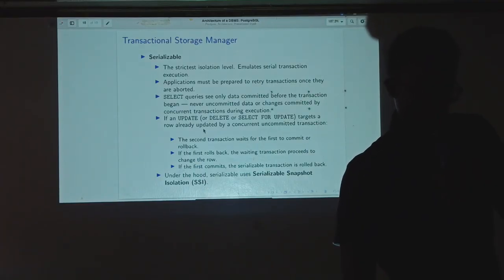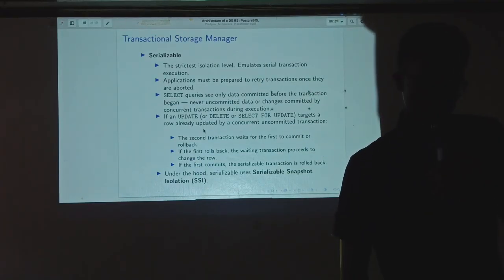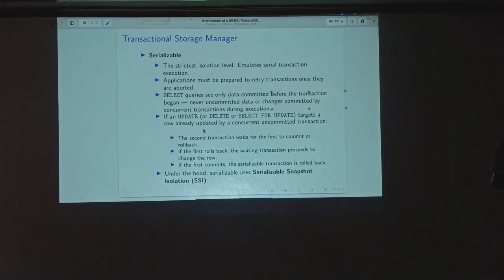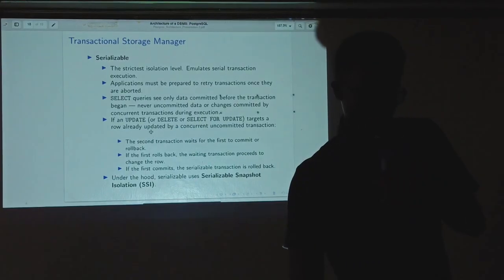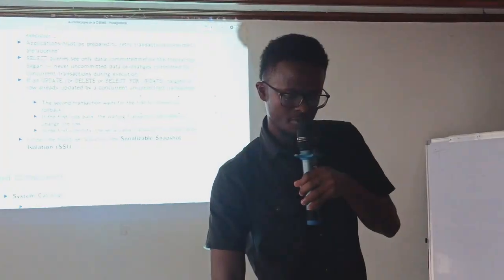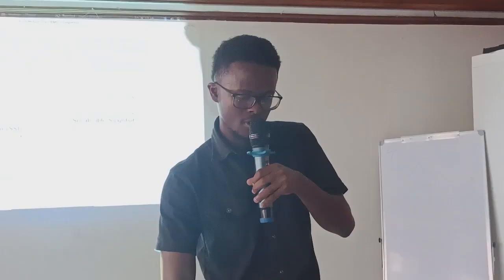However, applications must be prepared to retry transactions once they are aborted, because select queries see only data committed before the transaction began. So uncommitted data or changes committed by concurrent transactions during execution, it cannot see them.